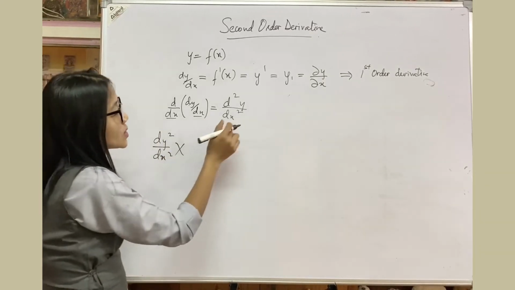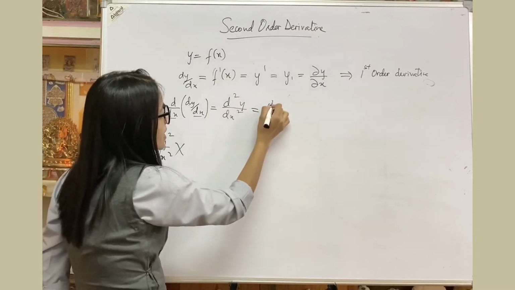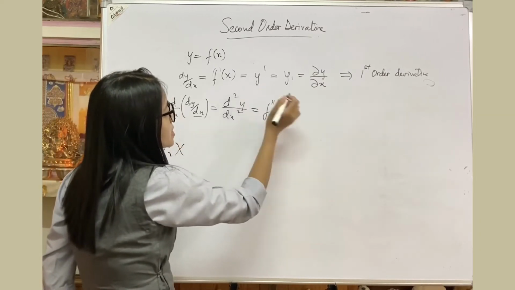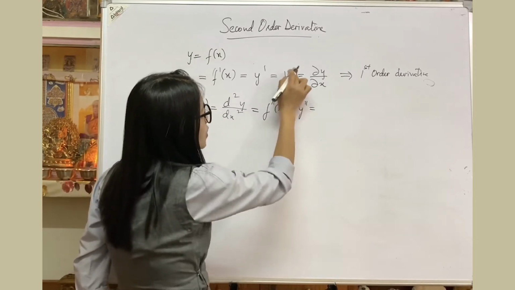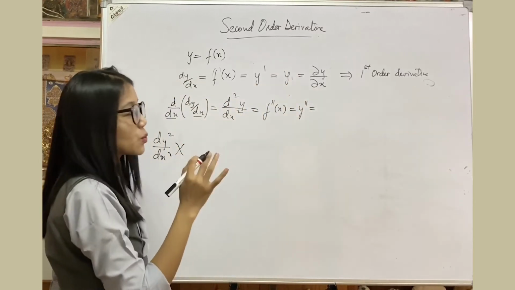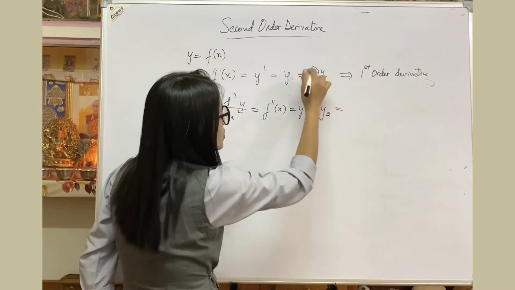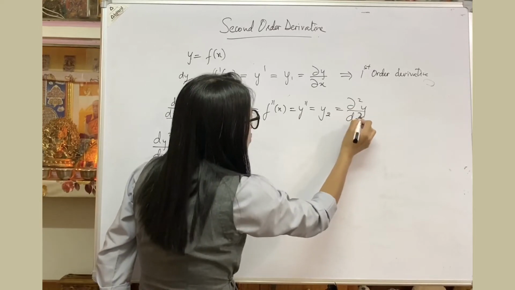Either you can write this, or if you want to write it in this form, you write f double dash x. Also you can write y double dash. Or if you want to write it with a suffix, you can write y2. Or if you want to use this notation, you can write curly 2y by curly x square.